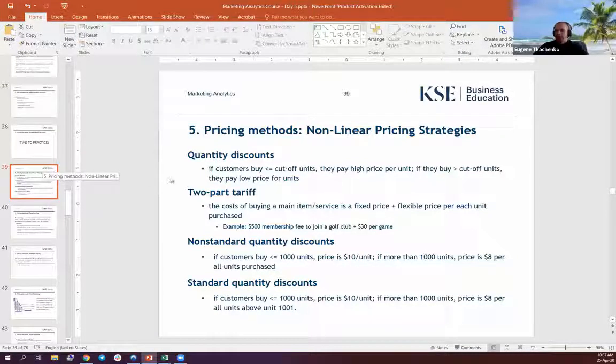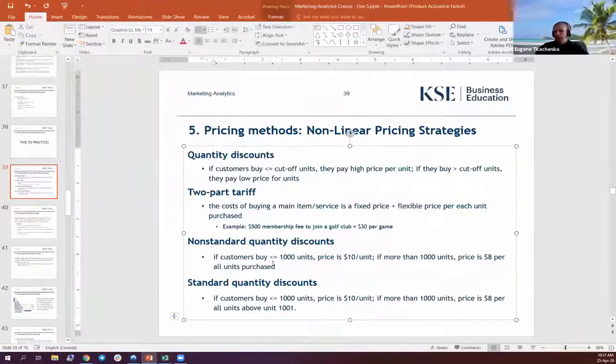Quantity discounts are where we use one price point before a cutoff number of units, and another price after the cutoff. Non-standard quantity discounts are the best example of those.